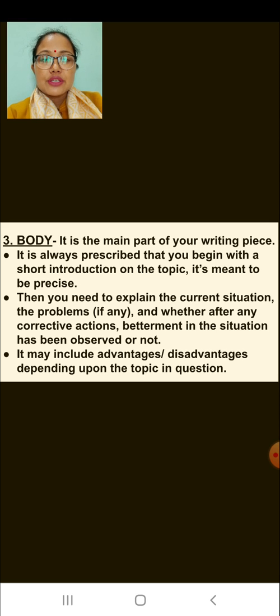It is meant to be precise, means very short, not too long. Then you need to explain the current situation, the problems, if any problem is there, and whether after any corrective action, betterment in the situation has been observed or not.